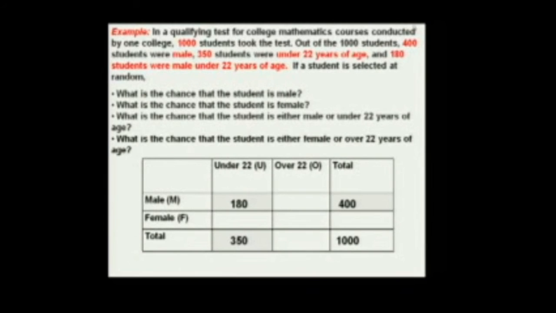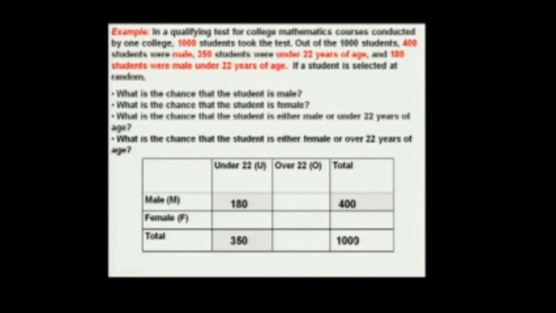So from the givens of this problem, we were able to insert the numbers in their appropriate cells. The total was 1,000, the total male was 400, the total under 22 was 350, and the male and under 22 total was 180. Now once we do that, we can then complete the table in many different ways.